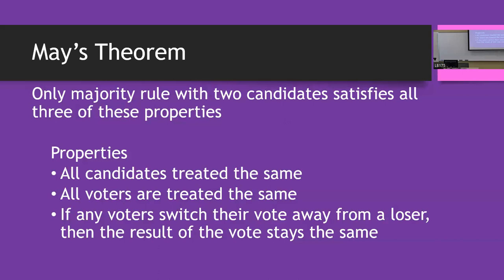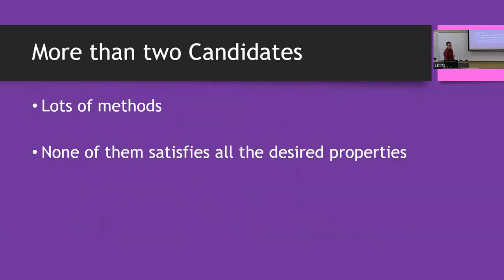I don't need to sort of manipulate my vote to get what I desire. My vote can't be manipulated to get what I desire or to stop what somebody else desires. And that's a better thing. Majority rule with 2 candidates is the only thing.